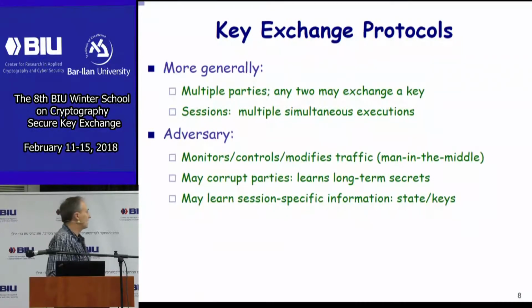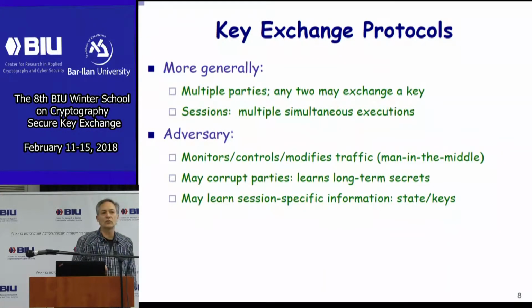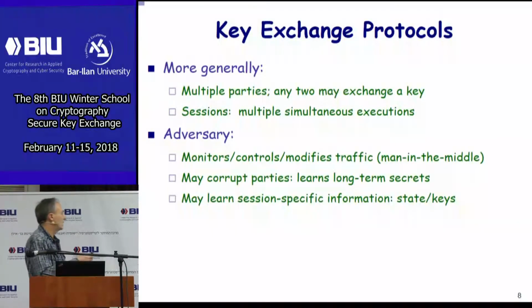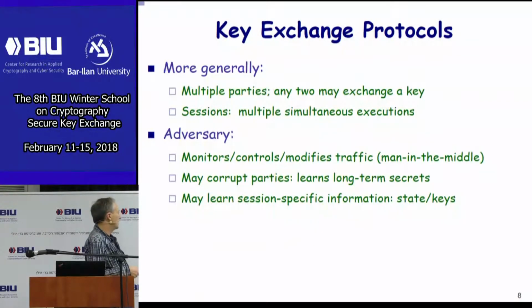One of the things that make any protocol, and in particular key exchange, tricky is that we are running multiple simultaneous executions of the protocol between the same two parties in many sessions at the same time, and any two parties can be running simultaneous executions.